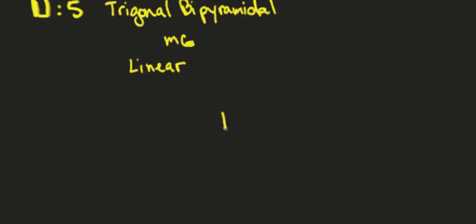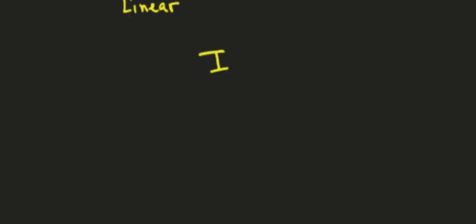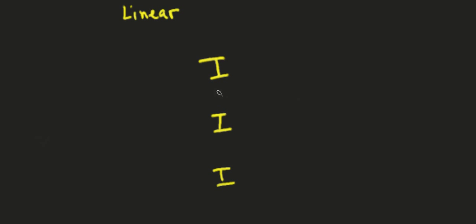So we would have I. That would be 180 between these guys. And then we'd have 2 lone pairs here, 2 lone pairs there, 2 lone pairs there. They would all be in the same plane, and you can have those going back out of the page into the back of the page, and then this would be in the plane of the page.